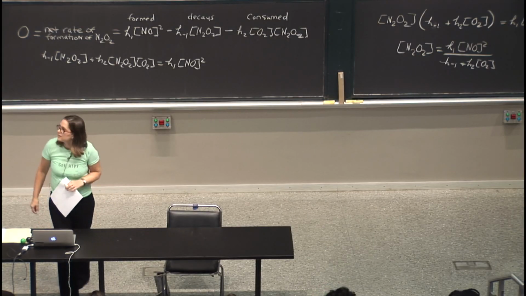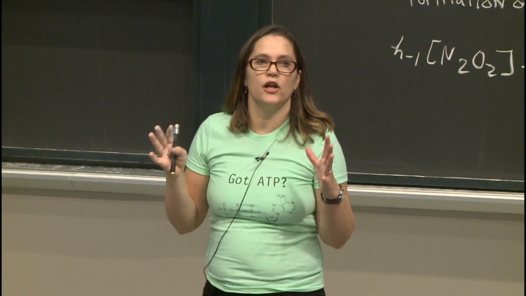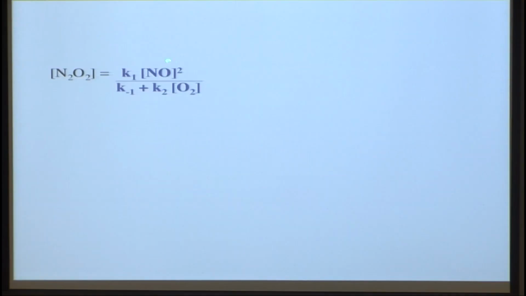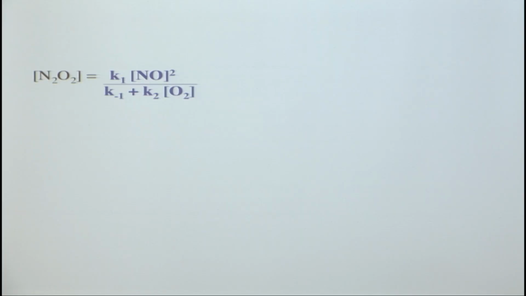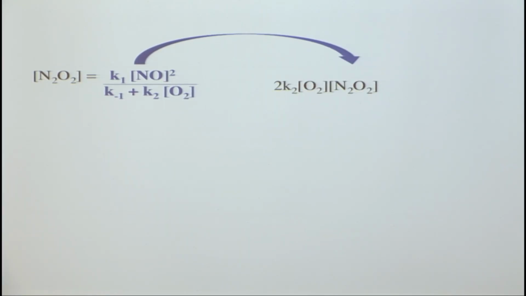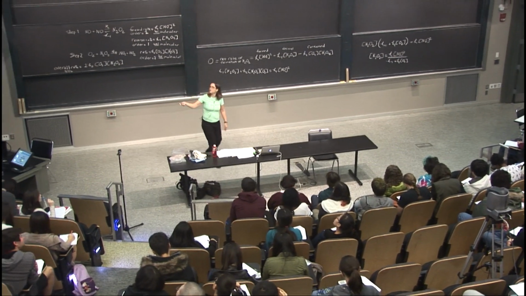Okay, so let's do more on the PowerPoint here. So this is what we just came up with. So the concentration of our intermediate, K1 times NO, one of our reactants, second order, over K minus 1 plus K2 times the concentration of oxygen. Now I'm going to plug that into this expression, which we just got from writing the rate law for the last step using a 2 because we had 2 molecules of product being formed.